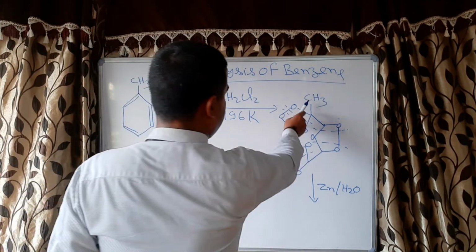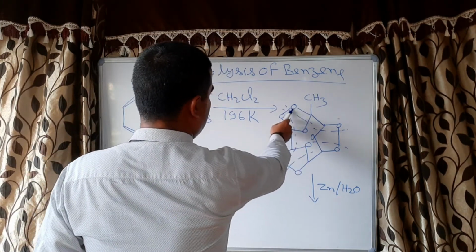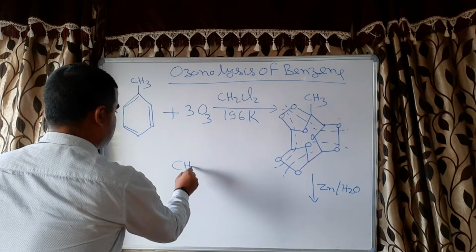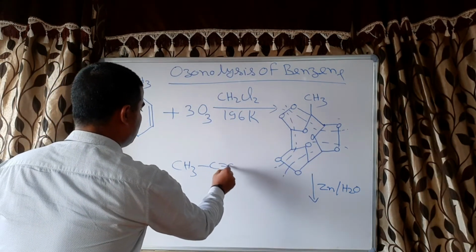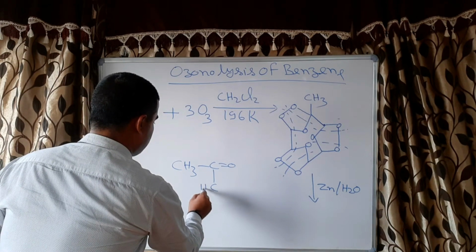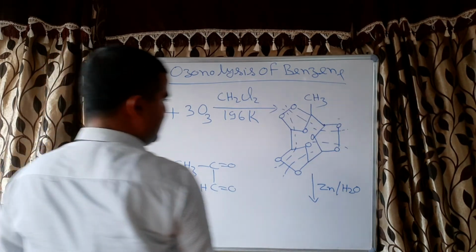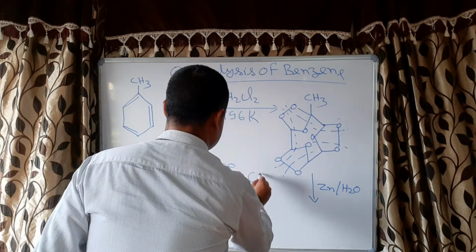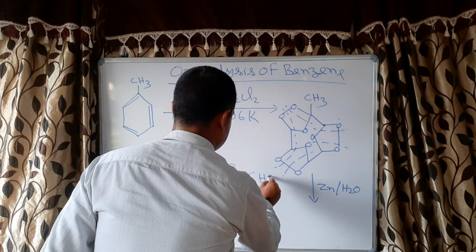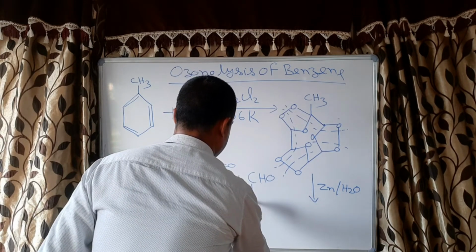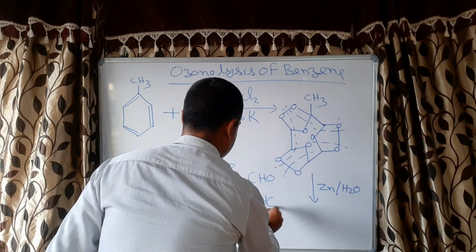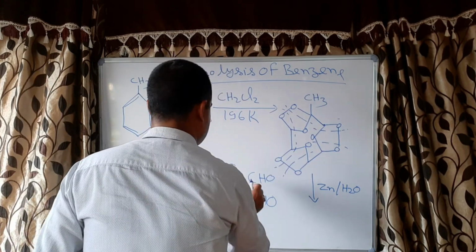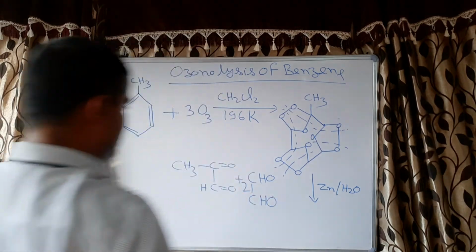It will form CH3 CO single bond CHO, plus CHO single bond CHO, meaning glyoxal. So it means that there are 2 molecules, correct?